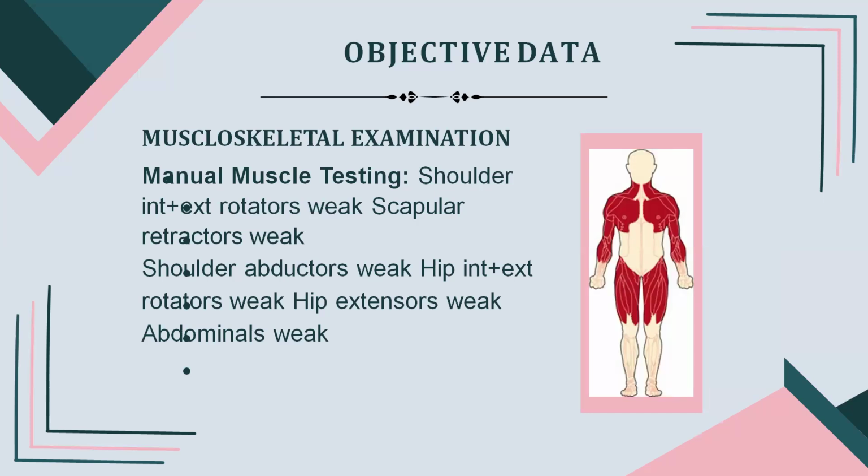In MMT, we tested shoulder internal and external rotators weakness, scapular retractors weakness, shoulder abductor weakness, hip internal and external rotators weakness, hip extensors weakness, and abdominals weakness.